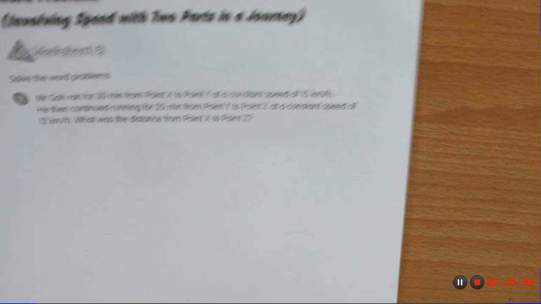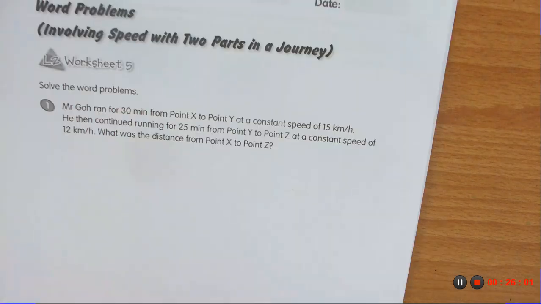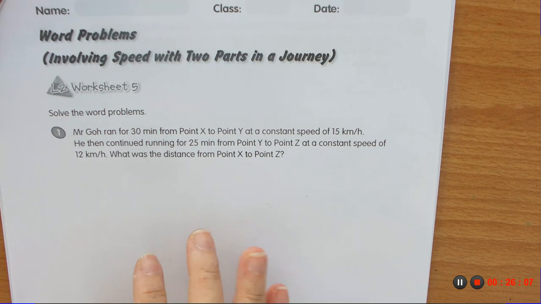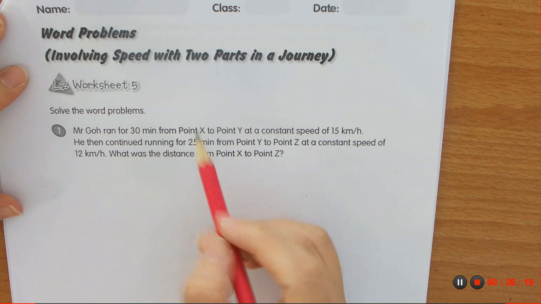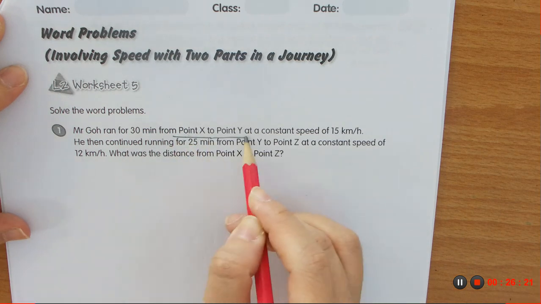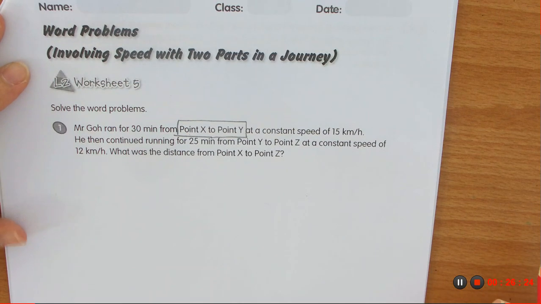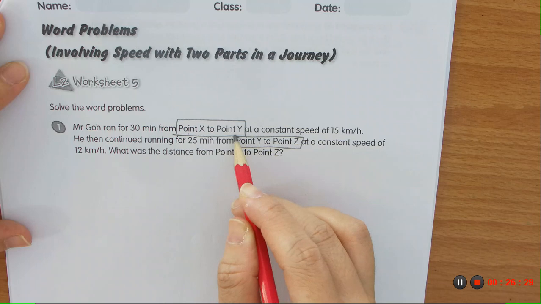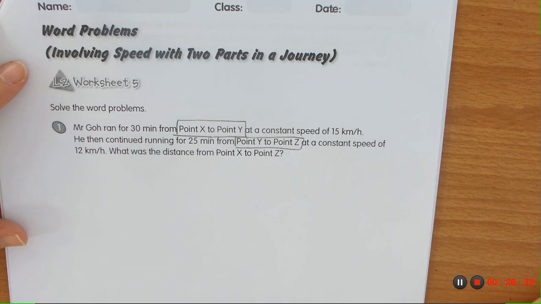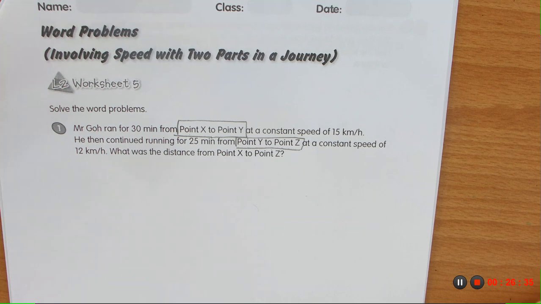Let's look at the new item on involving speed with two parts of the journey. Now the story becomes interesting because the journey is not just one way, one direction, town A to town B and then finish. Now you have this story whereby he's going to go from point X to point Y. And then after that from point Y to point Z. So this whole journey, there are two parts.